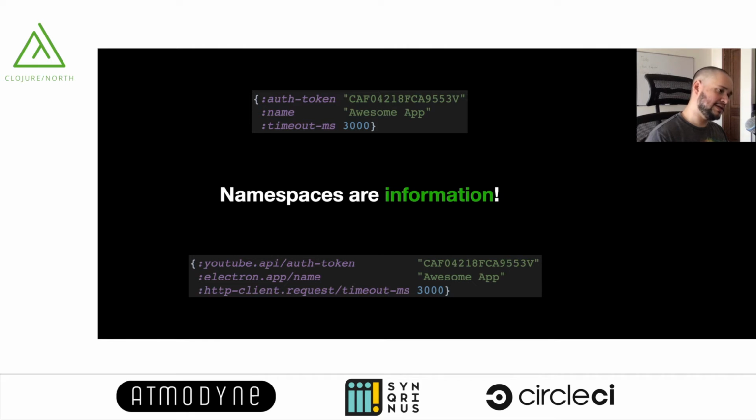And auth token, in this case, about a YouTube API. And the name about what? The Electro app. And just by having that, you add a very robust layer of information in your properties. And if you just navigate these kinds of properties around, it's much easier to understand what your system is doing and what each property is for.